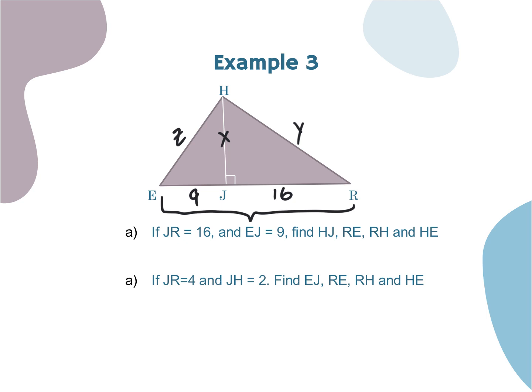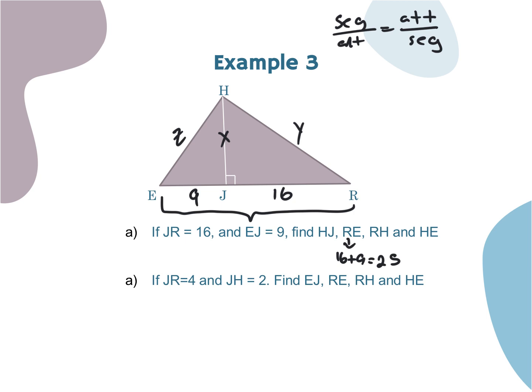Now, the simplest section to find is actually RE because it's just 16 plus 9. So we get that the whole thing is 25. But if you notice, that is the hypotenuse. So we can actually use that in order to solve for it. We can do the segment over the altitude equals the altitude over the segment. Let's use that to find x, which is the altitude.